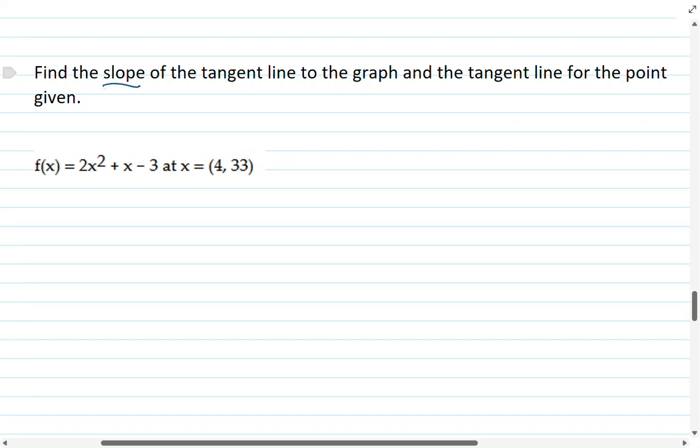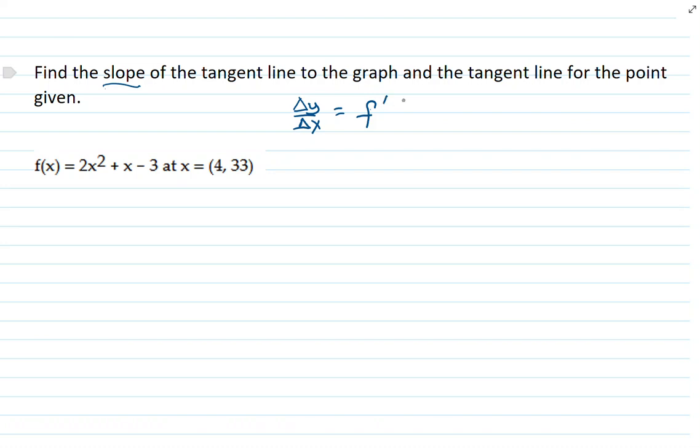Find the slope. Well, slope we know is a change of y over the change of x, which is the same as a derivative of the function, the tangent line.